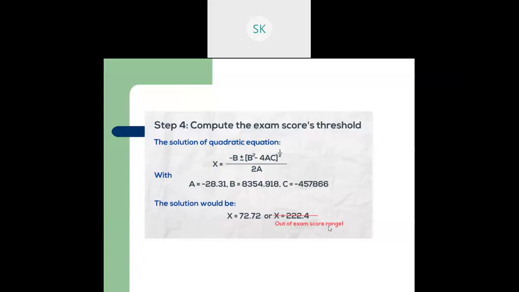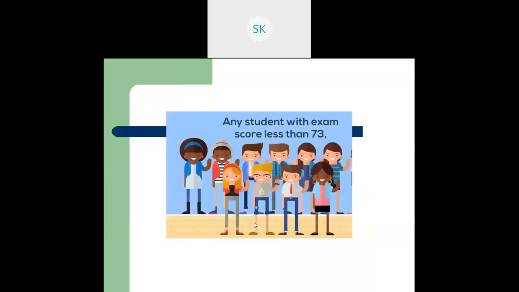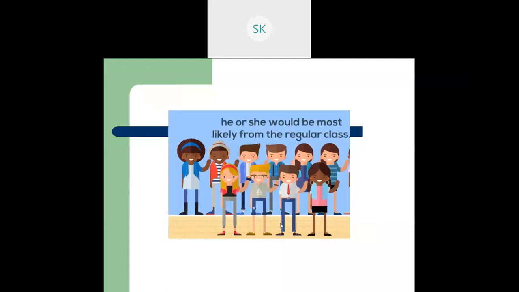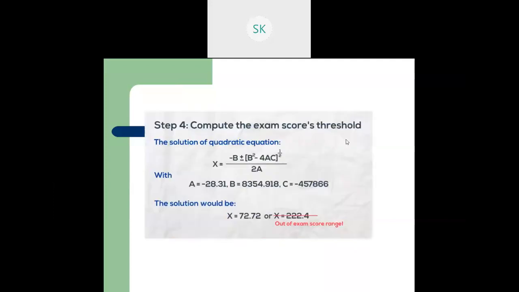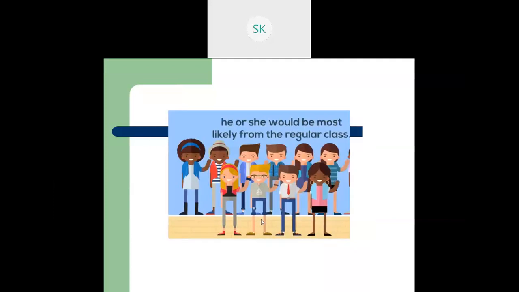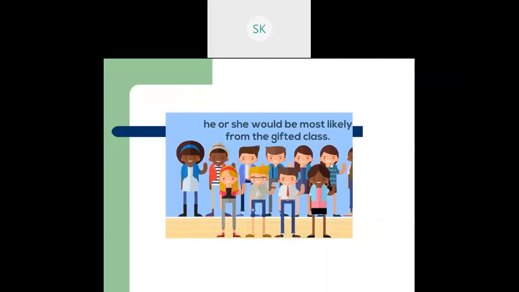Second point, this exam is from 0 to 100 marks, right? So x, our threshold, comes to 72.72 marks. So any student with an exam score less than 73 will go to our regular class, right? And any student with an exam score greater than or equal to 73, 72.7, so more than 73, will go to the gifted class.